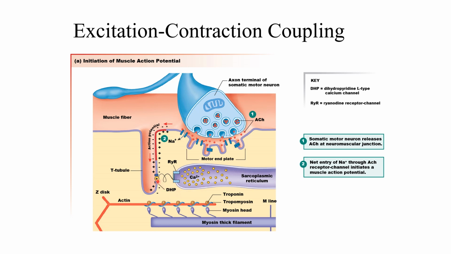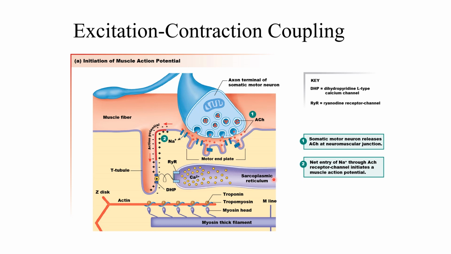And you notice that those DHP channels are actually connected to another channel right here known as RYR, or ryanodine receptors, and those ryanodine receptors are on the surface of the sarcoplasmic reticulum.